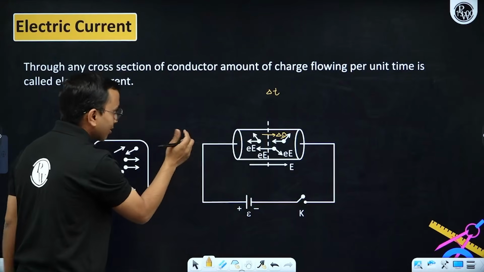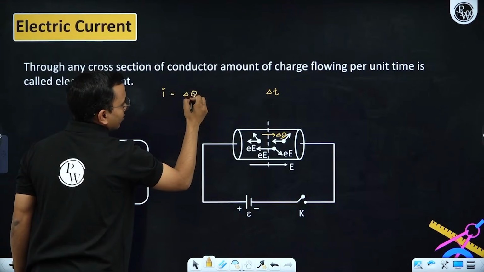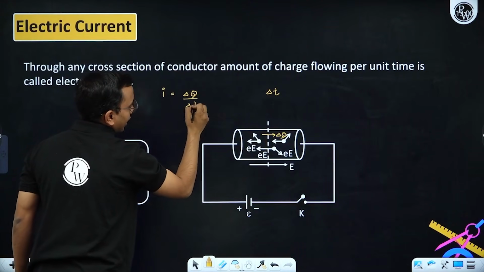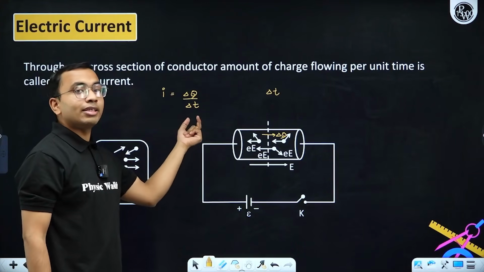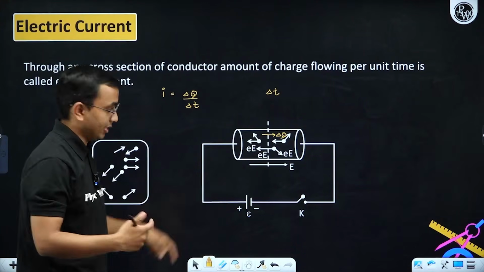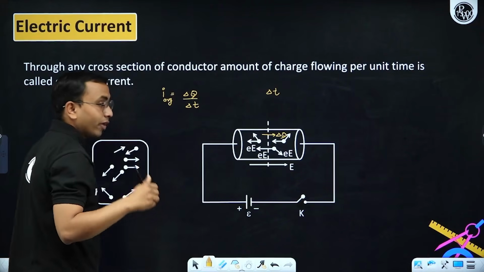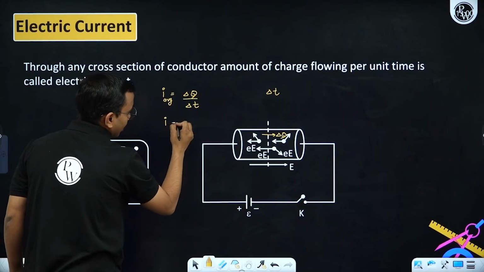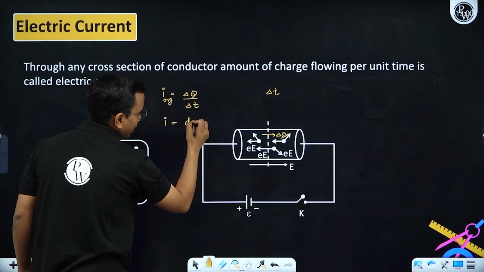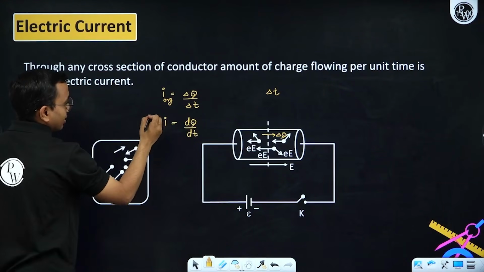So the current will be delta q by delta t, the charge per unit time. This delta q by delta t is the average current. And if I want to find the instantaneous current, I'll just differentiate. Instead of delta, I'll use d, so that is dq by dt.